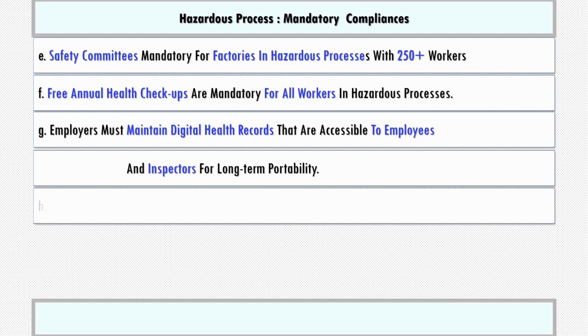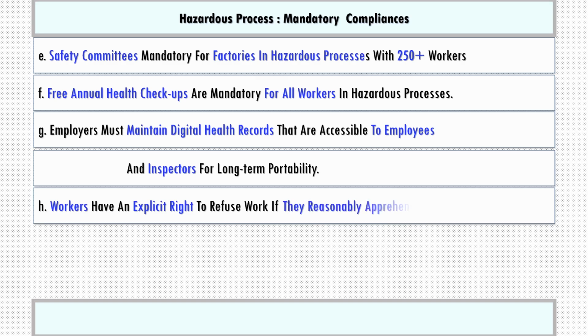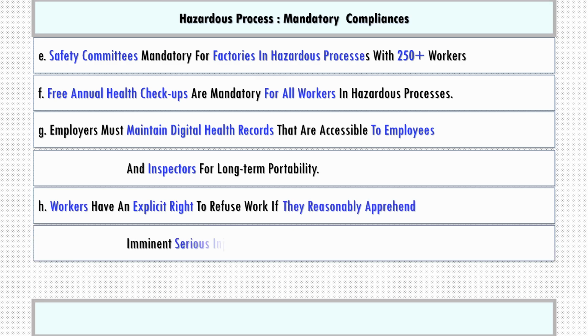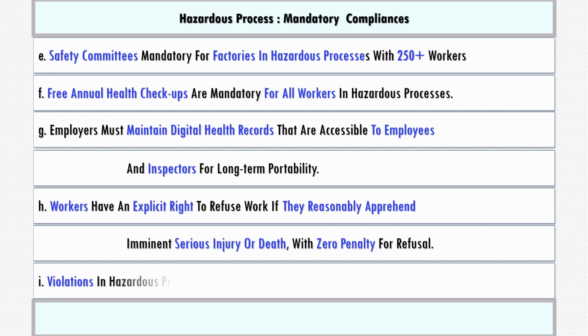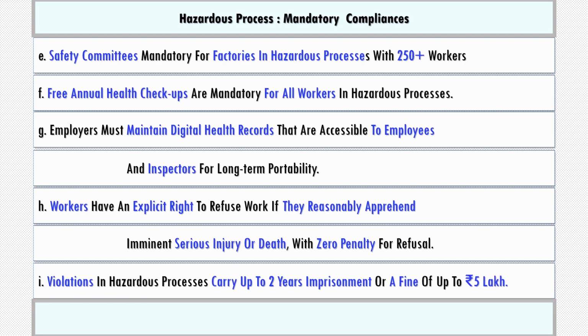Workers also have an explicit right to refuse work if they reasonably apprehend imminent serious injury or death, with zero penalty for the refusal. Violations in hazardous processes carry up to 2 years imprisonment or a fine of up to rupees 5 lakhs.